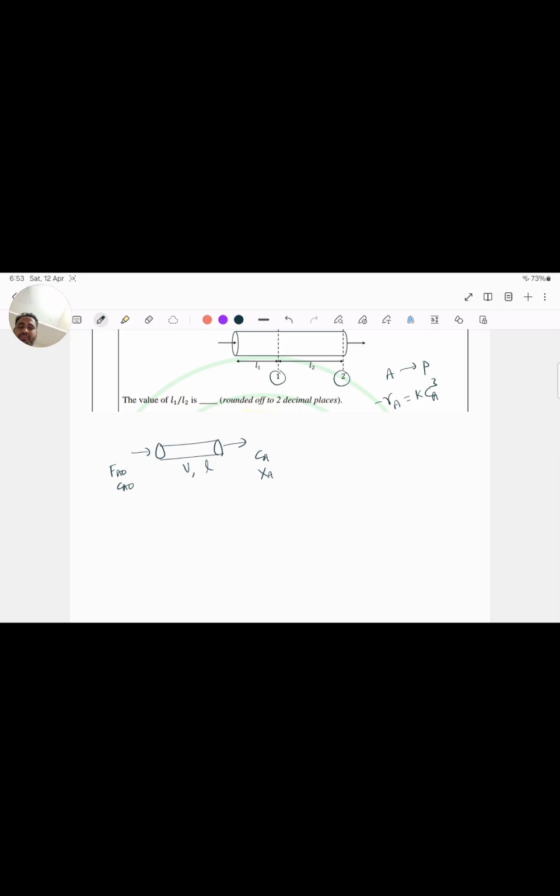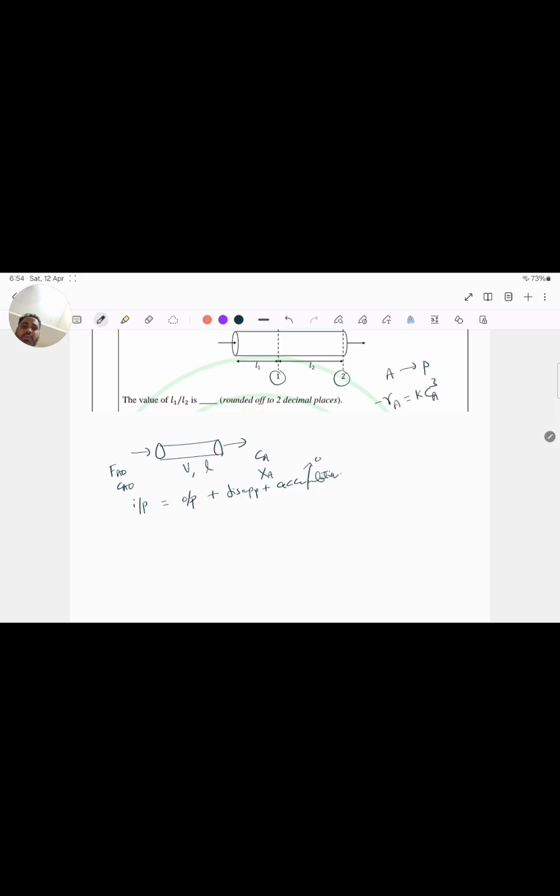So if I write the material balance in this PFR, the rate of moles of reactant into the reactor, that is input, is equal to the moles of reactant out of the reactor, plus disappearance, plus accumulation. Since it is a continuous flow reactor, there won't be any accumulation of reactant inside the reactor, so accumulation is 0.